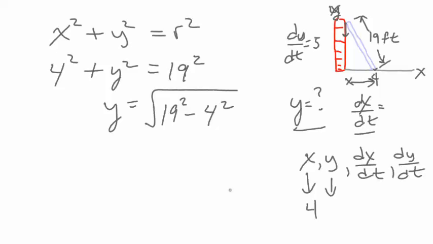Okay, so we got 19 squared minus 16, and so y is equal to the square root of 345.